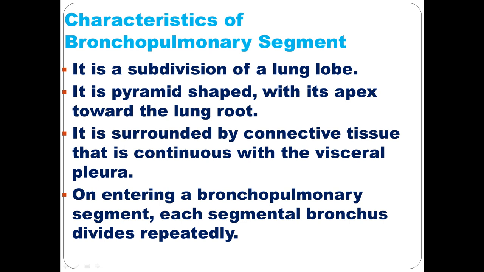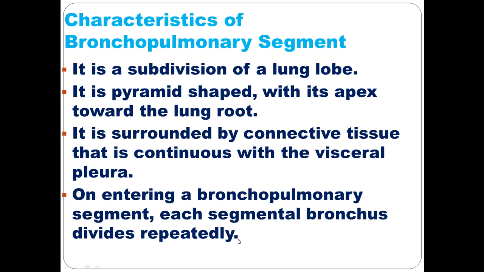The shape is a pyramid, and its apex is towards the lung root. It is surrounded by connective tissue that is continuous with the visceral pleura. When it enters the bronchopulmonary segment, each segmental bronchus then divides repeatedly.